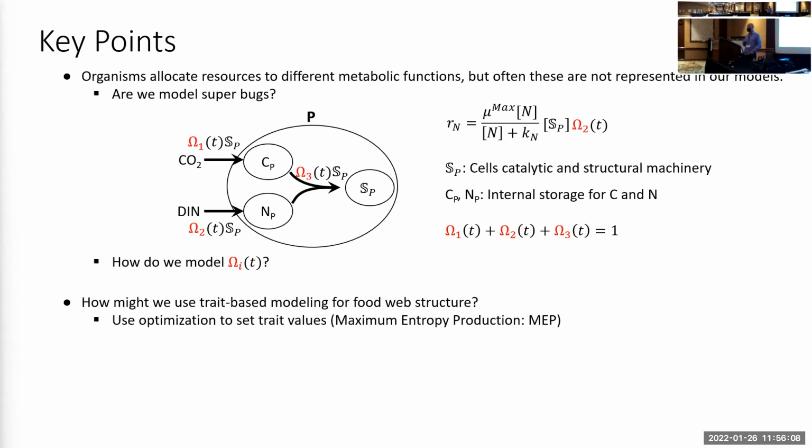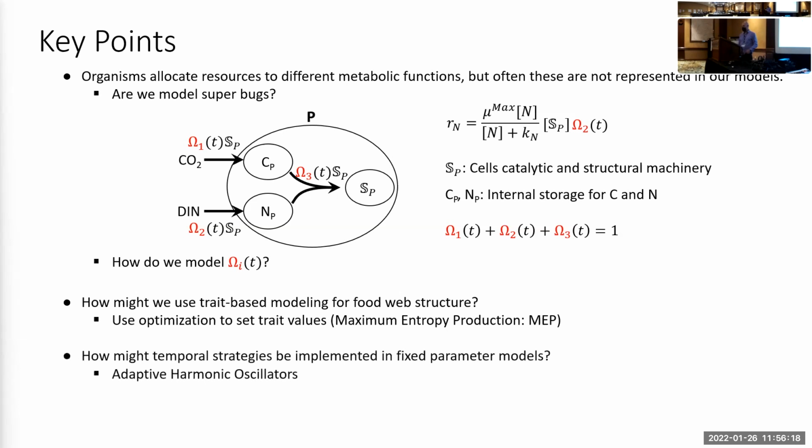This is where we're going to bring in ideas of maximum entropy production in order to set the trait values, because there are some challenges that arise when you try to bring the food web itself in as part of the trait space. And then going back to that omega term, the idea is how we might use the state variables in the model itself to dynamically change that allocation parameter over time using adaptive harmonic oscillators.